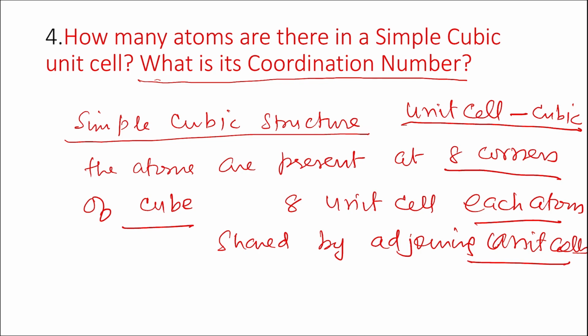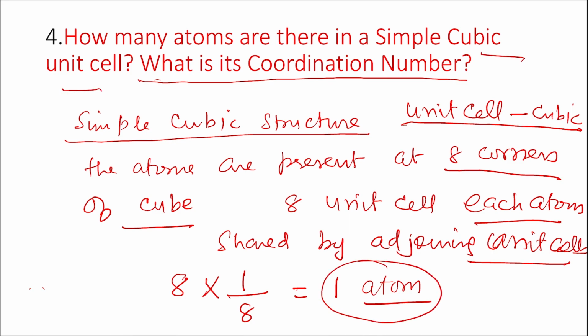So the 8 atoms are shared by 8 adjoining unit cells. So the effective number of atoms will be 8 into 1 by 8, and that will be 1 atom. So the number of atoms in a simple cubic unit cell will be 1, effective number.